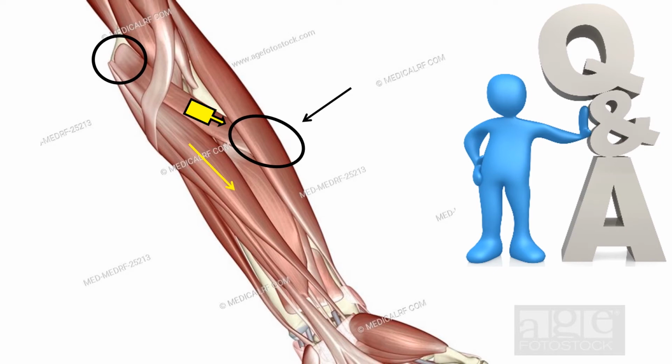Next to the pronator teres, going down from the same supracondylar ridge, going towards the base of the thumb, this is the flexor carpi radialis. Then medially, we can see a thin muscle here. This is the palmaris longus, attached to the palmar aponeurosis, and the most medial one is the flexor carpi ulnaris.